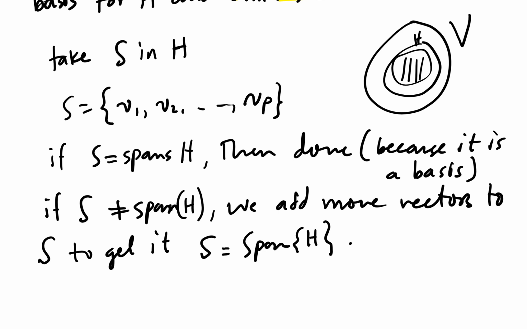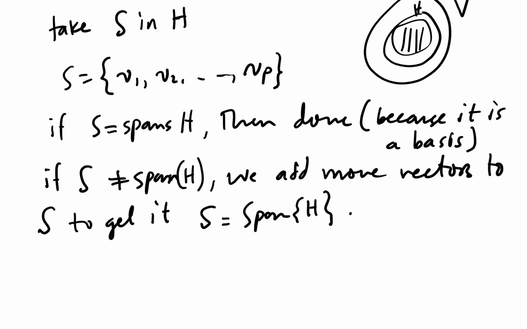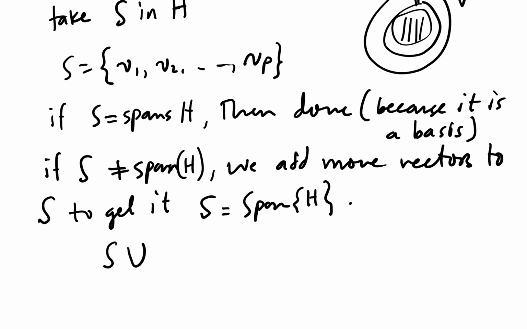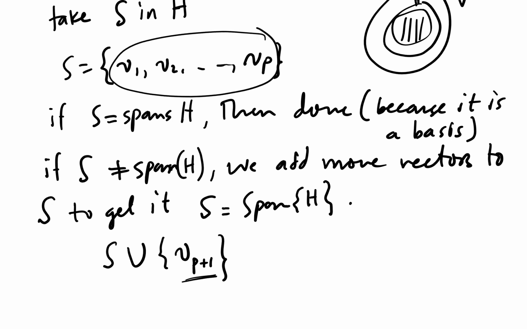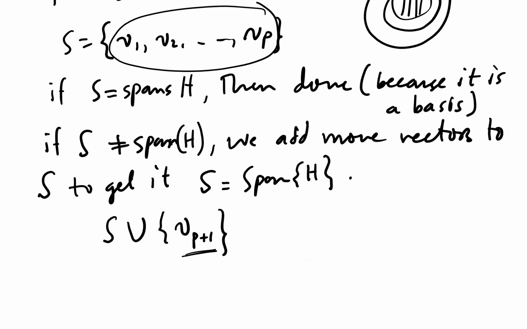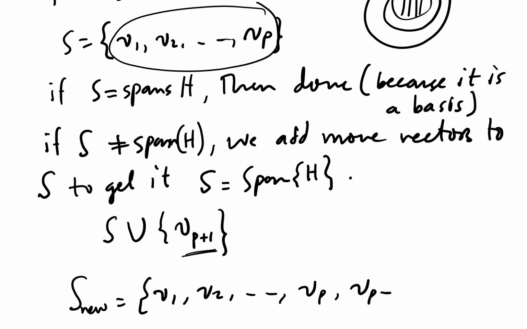So what do we add then in this case? Well, we can take S and union it, meaning combine it, with some other vector v sub p plus 1, and this vector must be linearly independent of all the other vectors of S. So the new S has vectors v1, v2 all the way to vp, comma vp plus 1.